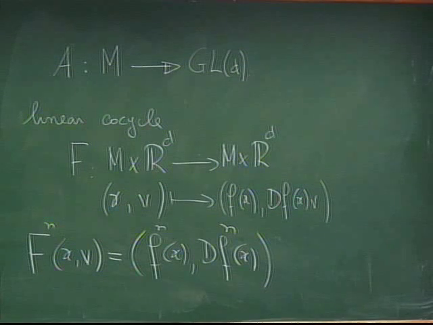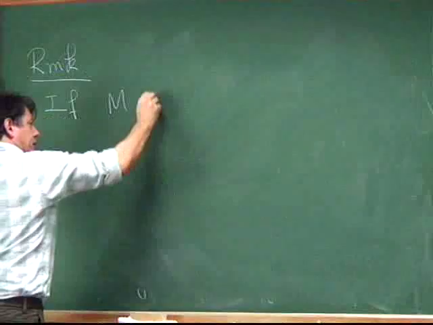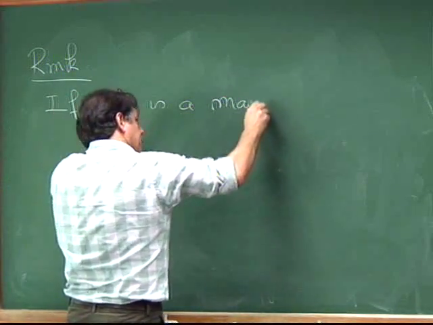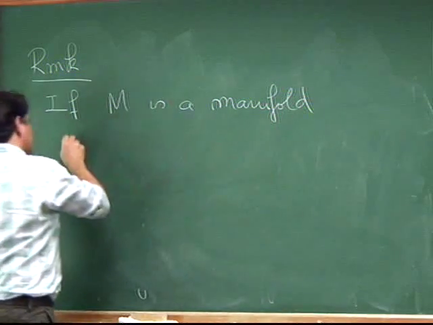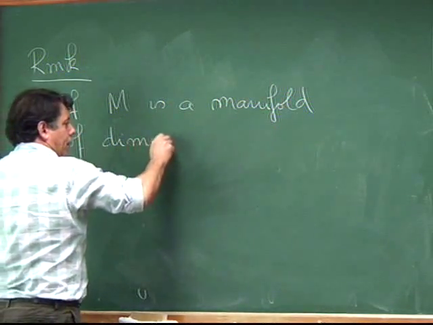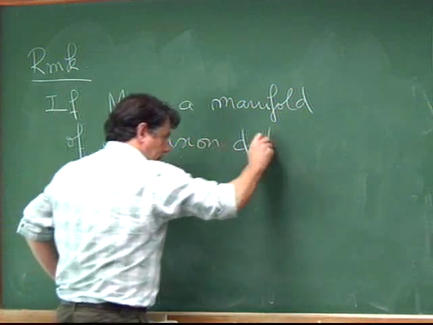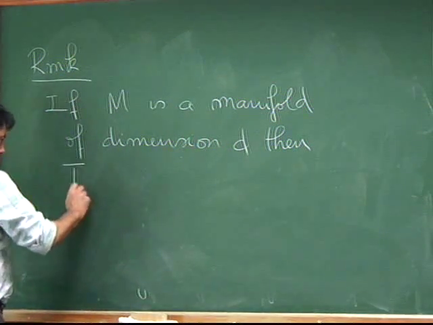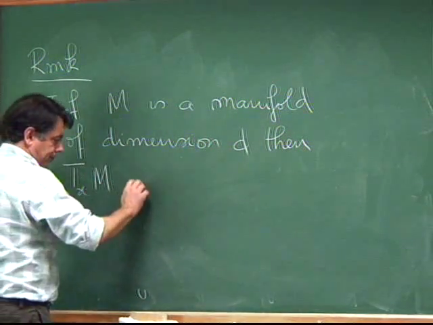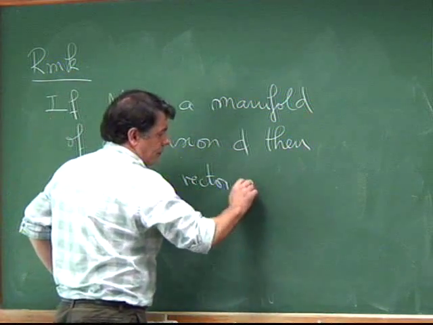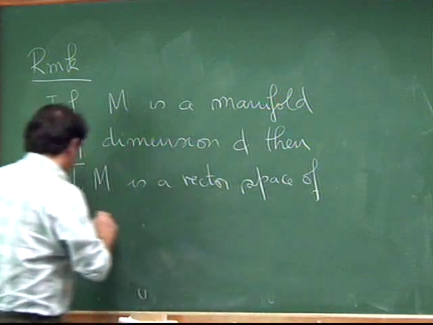Now this is tricky, because when you have a manifold, in general, for instance, a surface, if M is a manifold of dimension d, then the tangent space at any point is a vector space of dimension d.